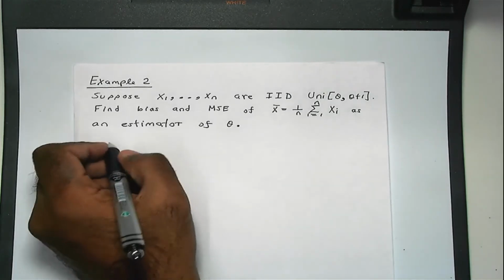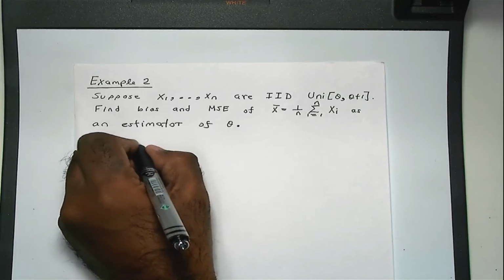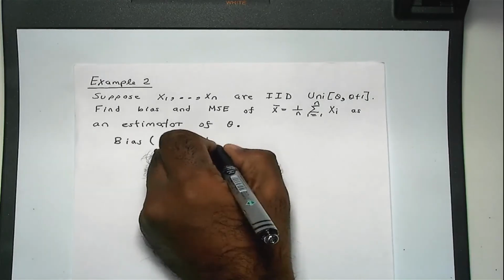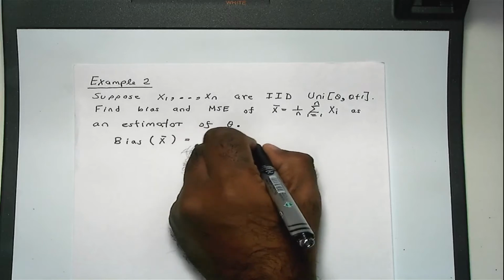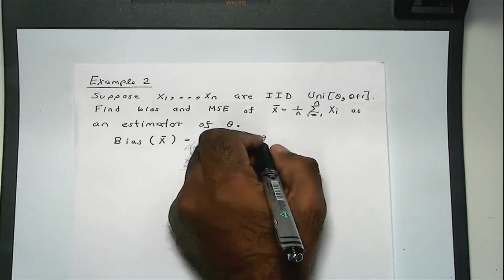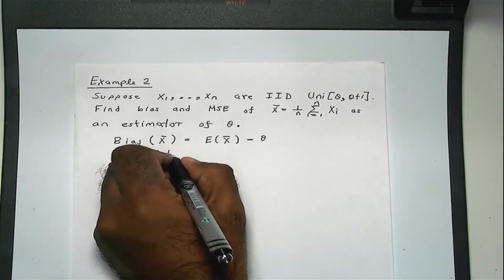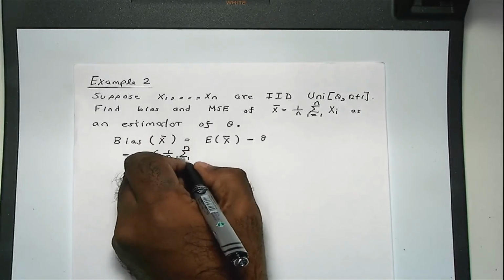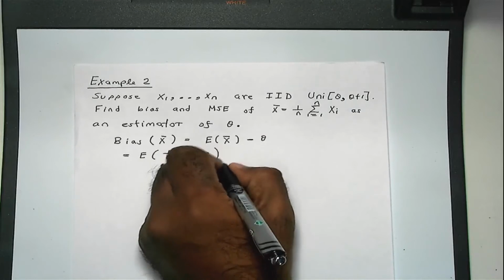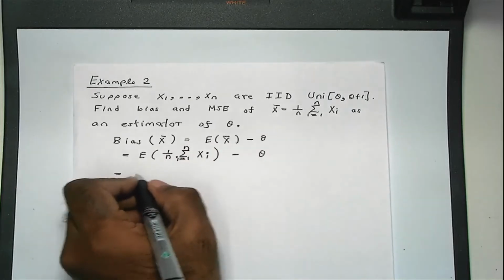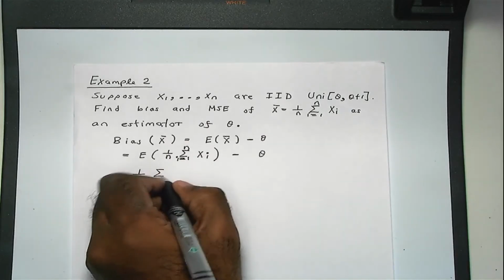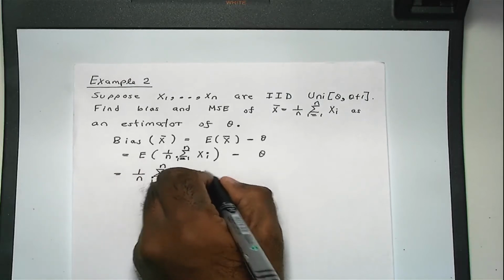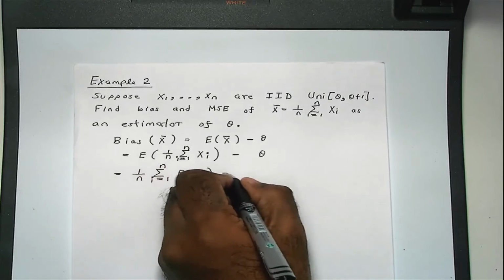Right, so let's start with the bias first. Taking the expectation inside, it becomes the expectation 1 over n times the sum of the expectation of xi.